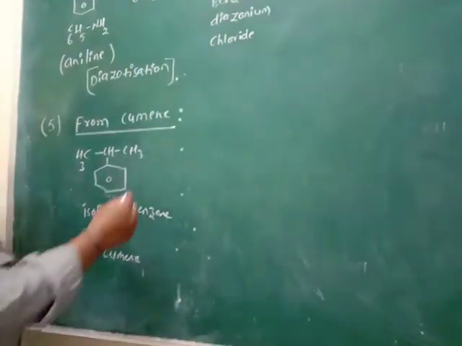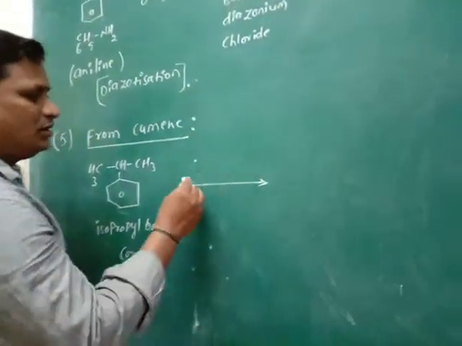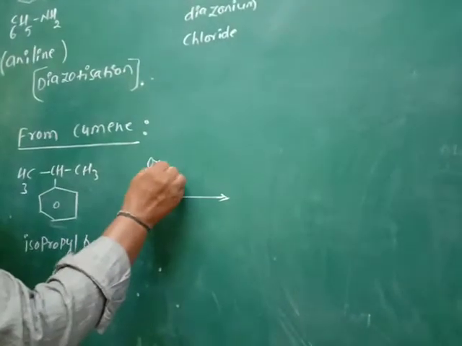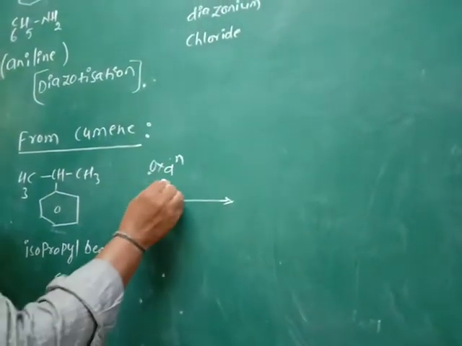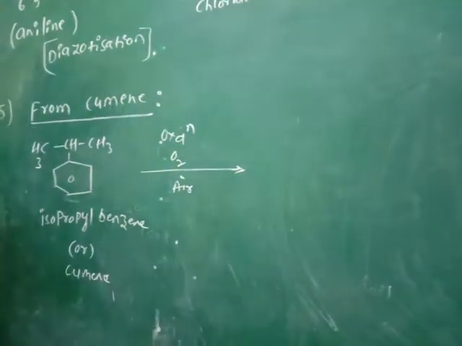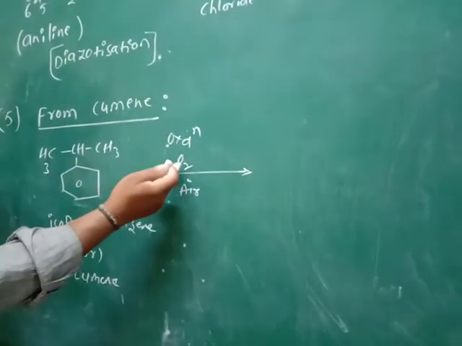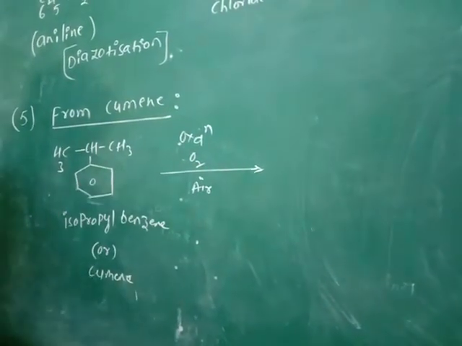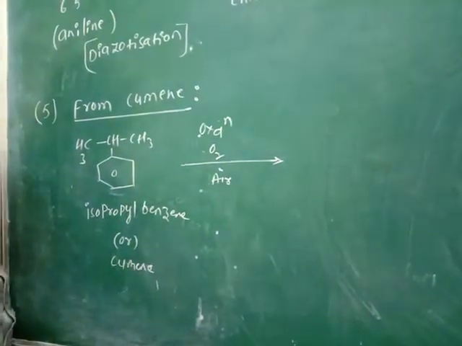Then cumene oxidation: cumene is oxidized in the presence of air. Generally air contains oxygen, so there is addition of two oxygen atoms to the isopropyl benzene.